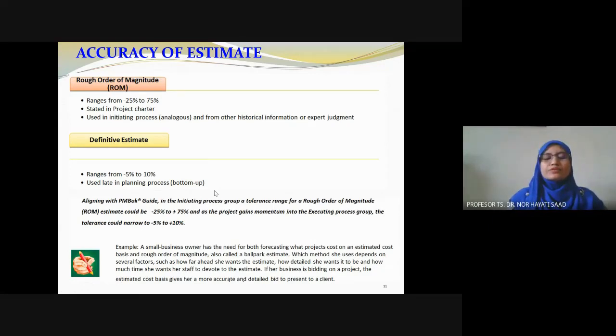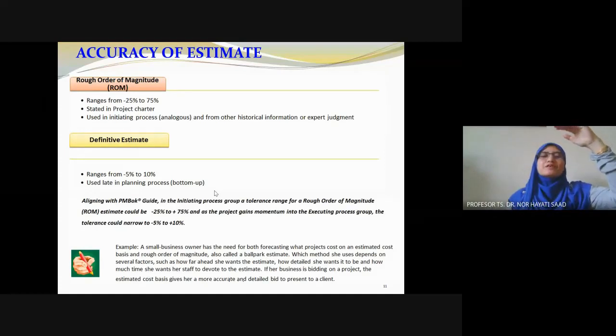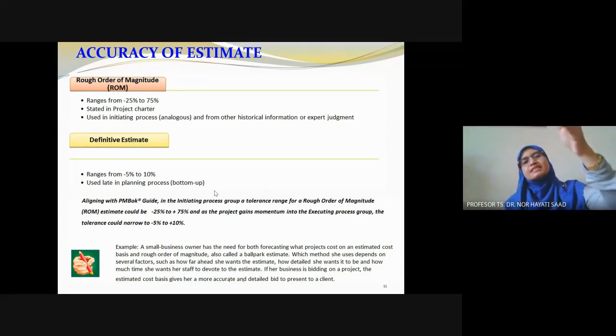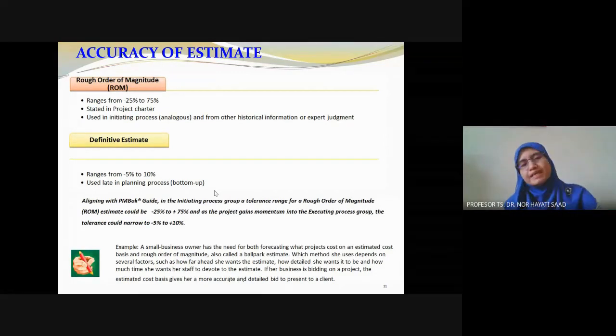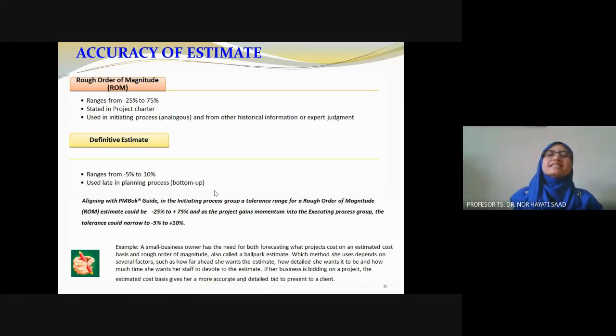What we need to do, as I said, is break down the project into phases, sub projects, work packages, and then down to the activities, and estimate the resources for these activities related to the 4M, lump it together, bring it up, and that is the bottom up estimate, to give you a rough idea. That is the way we do it.